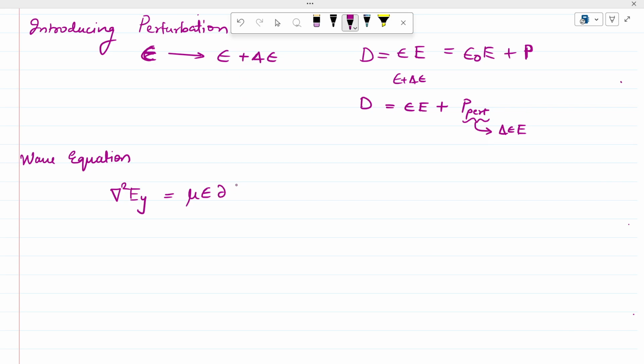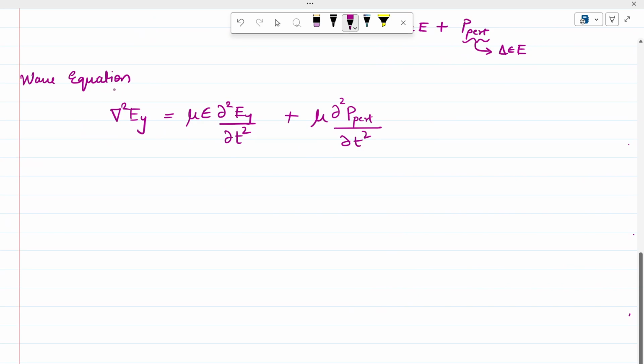I'll just write the first epsilon term, del square Ey upon dou t square. Now the delta epsilon term, I can write it as plus mu delta epsilon times Ey, which is nothing but P pert, dou square P pert upon dou t square, correct? So this is my new perturbed wave equation.